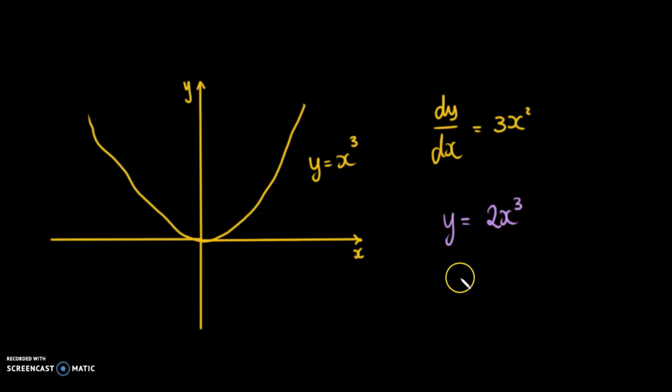We multiply down the power, which would give us 6x, and subtract 1 from the power would leave us with 2. So for any point on this graph here, I can now find the gradient of that point by plugging in the x value into my new function that is for searching for the gradient.